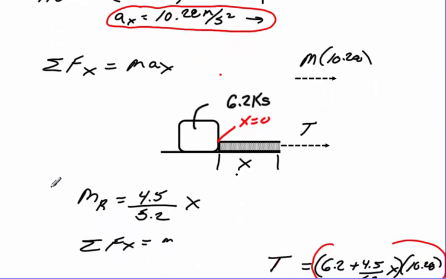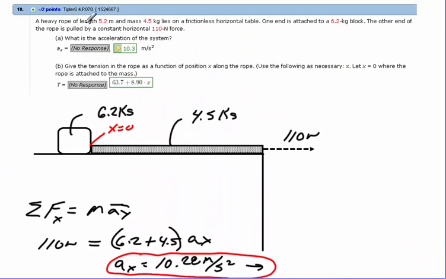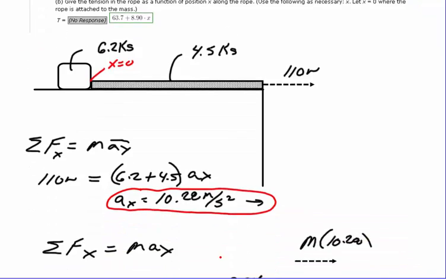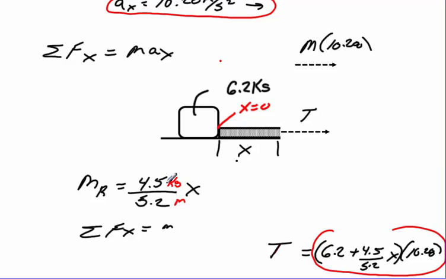So I take the mass of the rope that's given, 4.5 kilograms, and divide that by the total length, 5.2 meters. The rope's 5.2 meters long and 4.5 kilograms. That gives me the average mass per unit length. If I multiply that by the x distance, that gives me the mass of that little section based upon the value of x.